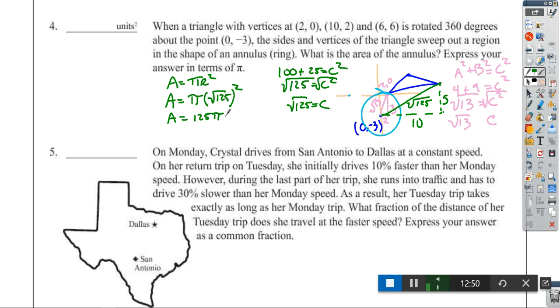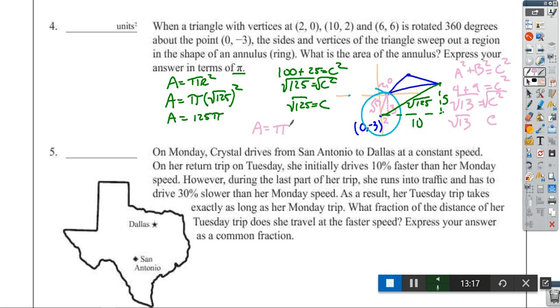I'm not going to multiply 125 times pi yet, because it says express your answer in terms of pi, so that means don't multiply your answer by pi. For my smaller circle, the area is equal to, 125? No, 13? Wait, what's the equation for a circle?